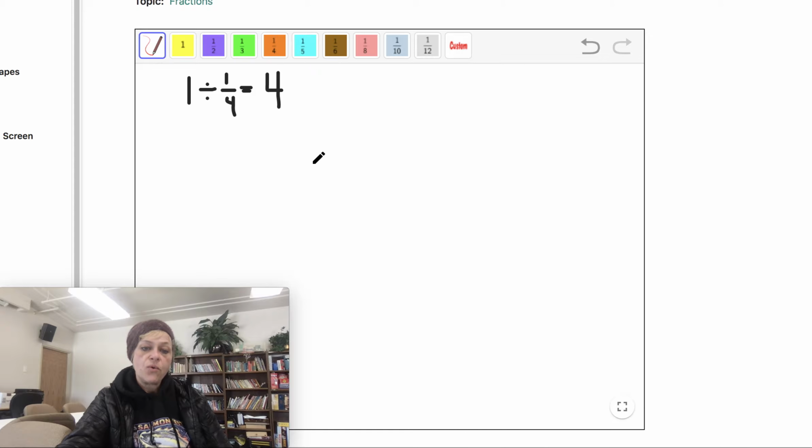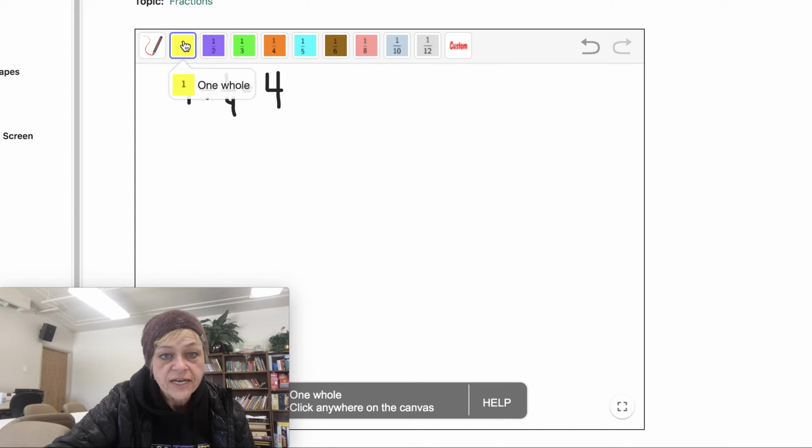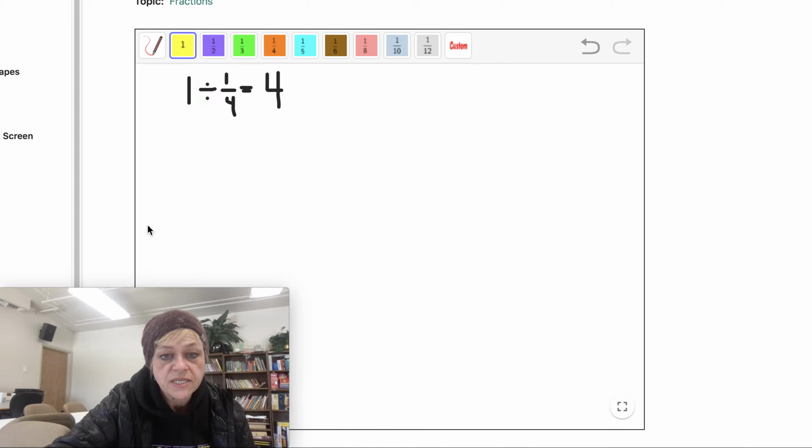How do we know that that's true? Let's think about this for a second. If you're thinking that it's because 1/4 fits into 1 whole exactly 4 times, then you are correct. But just to illustrate, I'm going to use these cool little tools here.